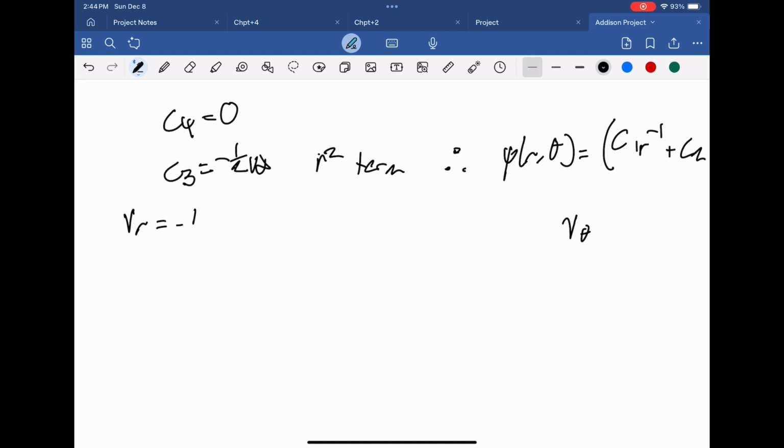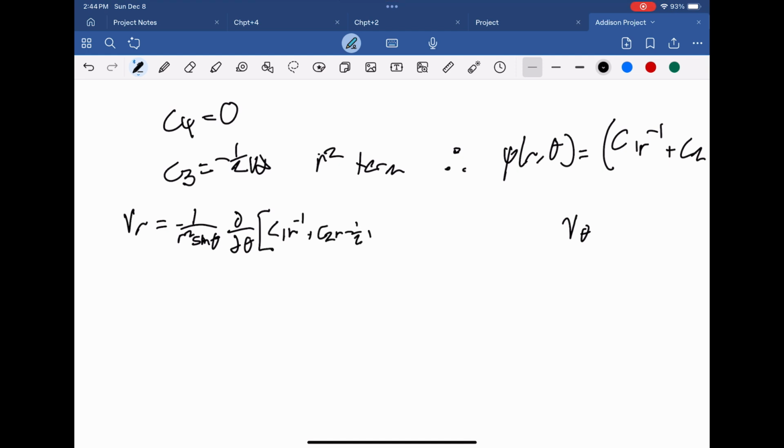VR is going to be equal to, we're now substituting the FR equation into our VR and V theta.